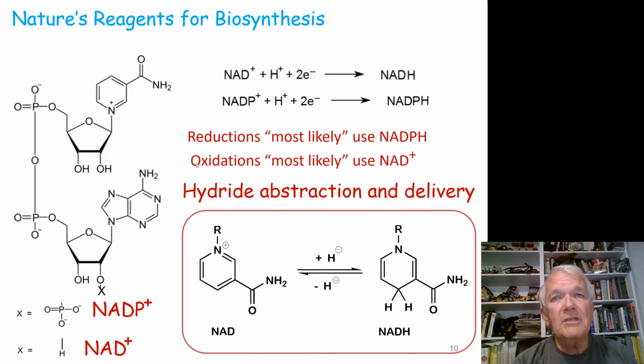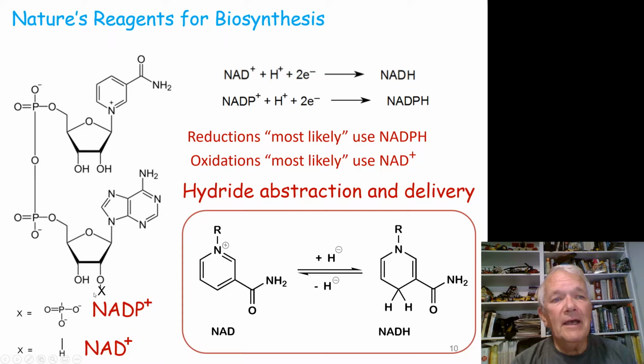Now, as we look at these things, remember there are 2 of these. There's NADPH and NAD+. And the difference is down here, this X group is either a simple hydrogen, in NAD+, or it has a phosphate here, in NADP+.